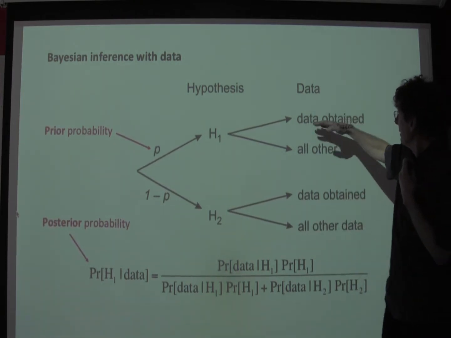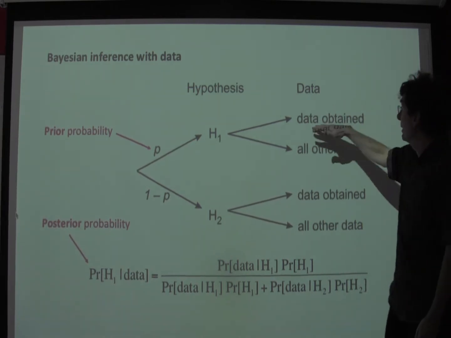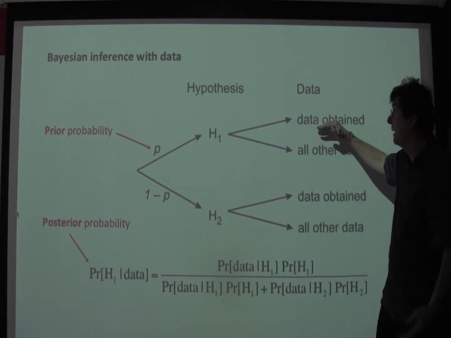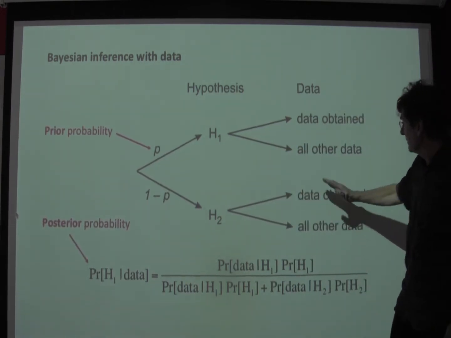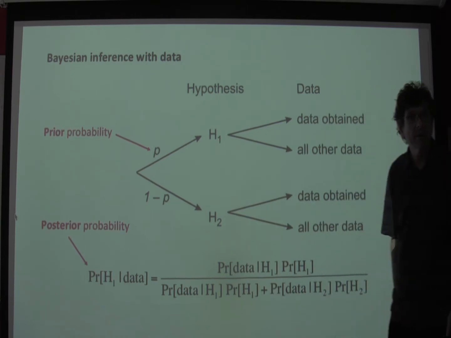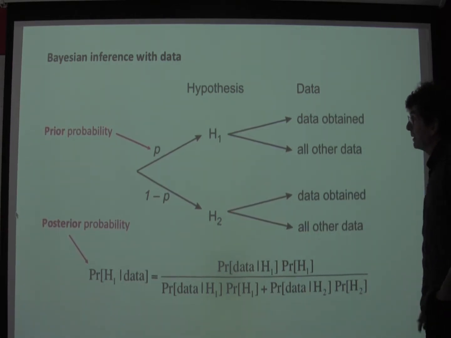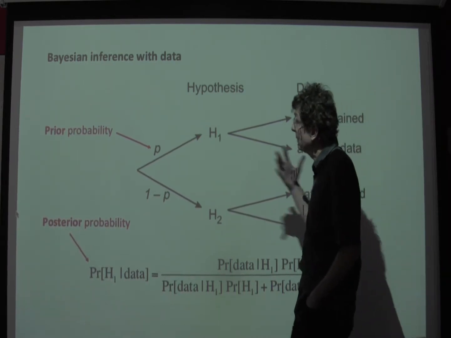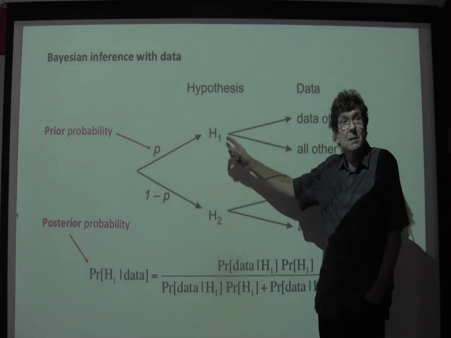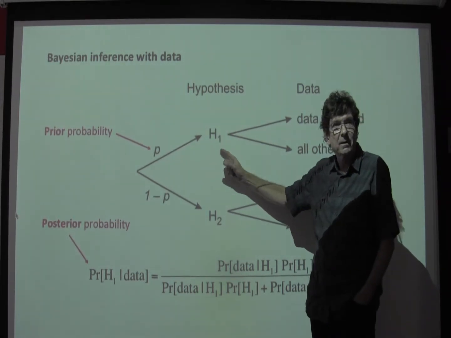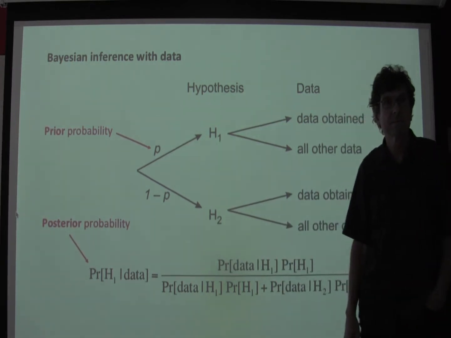Then we can look at the data that we obtained, and ask what's the probability of obtaining that data if this hypothesis is true? What's the probability of obtaining the data if that alternate hypothesis is instead true? That will allow us to calculate a posterior probability of this hypothesis. It's the probability that the exponent is 3/4. What's the probability that the exponent is 2/3?